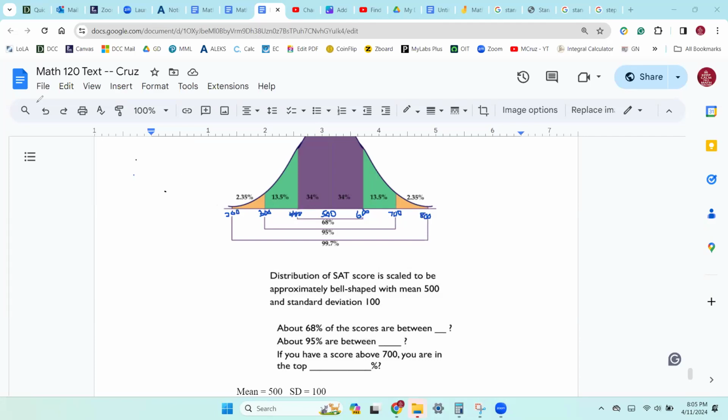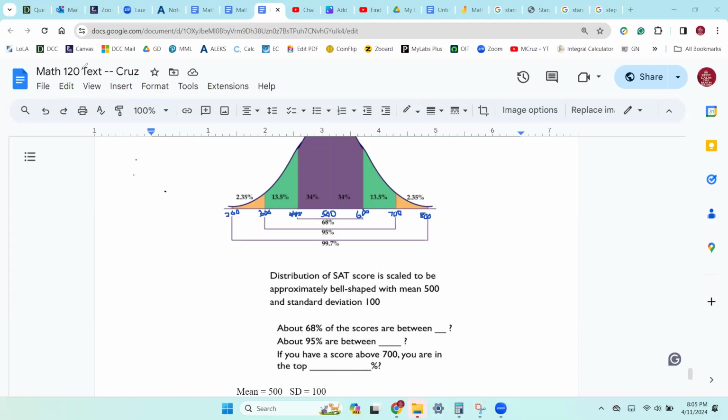So all we're doing now is applying our situation here, where the mean is right smack in the middle, 500, and then each one of the hops on the standard deviation, 3 to the left, 3 to the right, is 100 each time. And we're just showing it there graphically.